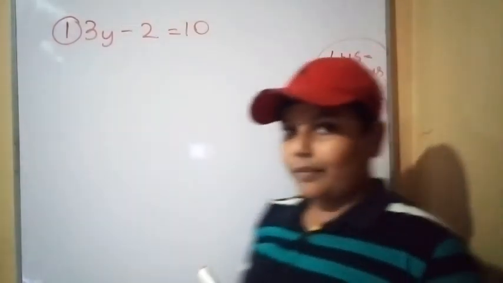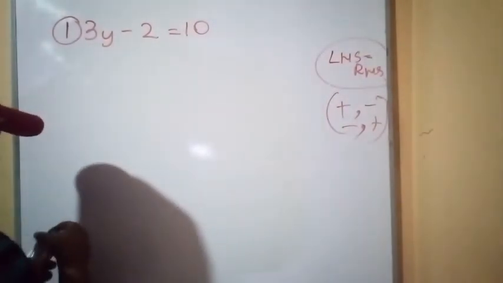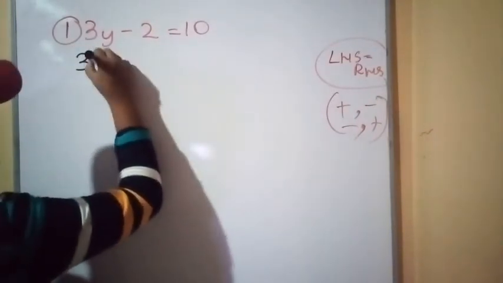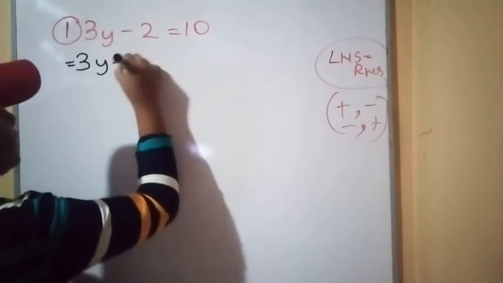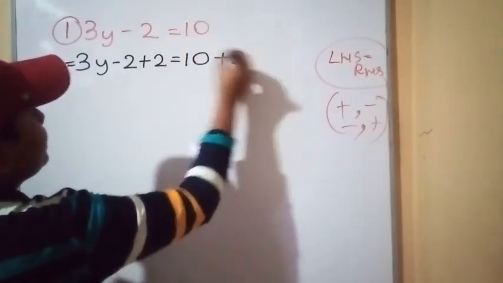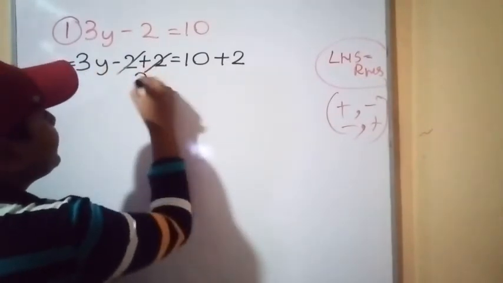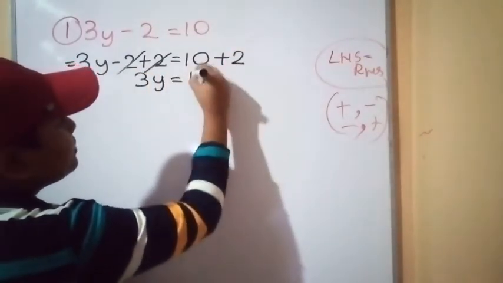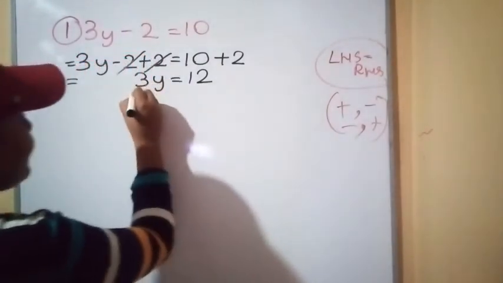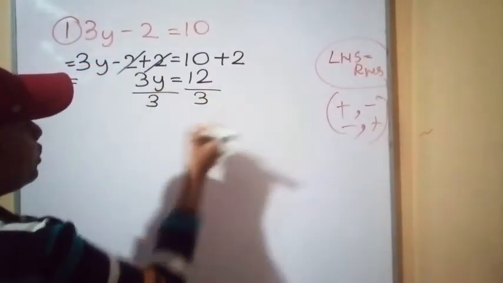Now continue with the two sides. We have 3y subtract 2, so on both sides we add 2. This cancels with this. What remains is 3y equals 10 plus 2, which is 12. Now we have 3y, so divide both sides by 3.